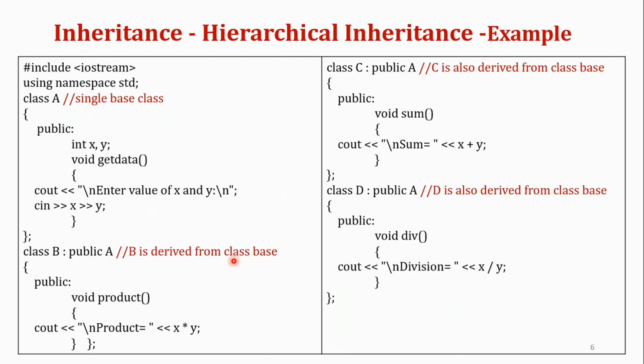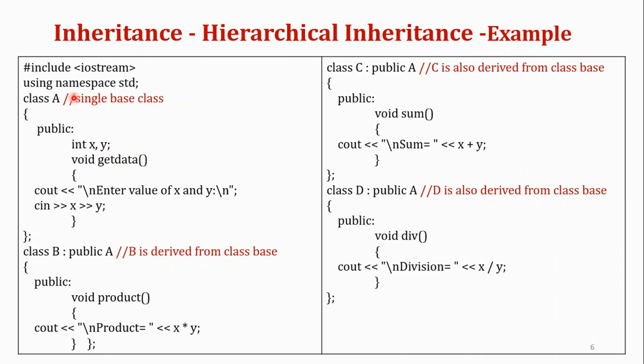Okay, so we'll see a simple example from the diagram. A single base class: class A is the base class. X and Y are member data, and one getdata function reads x and y. So at the end of the class, two member data and one member function.